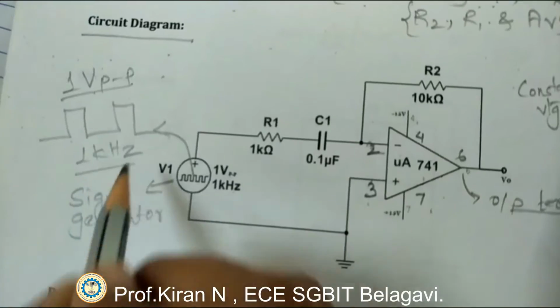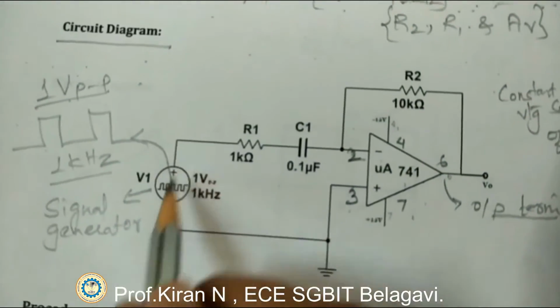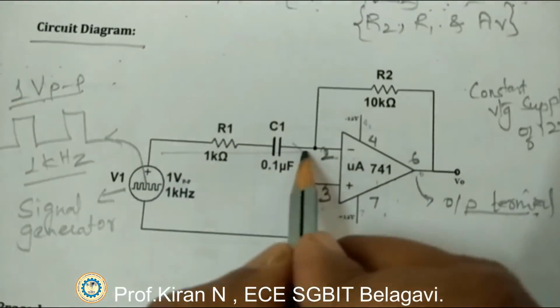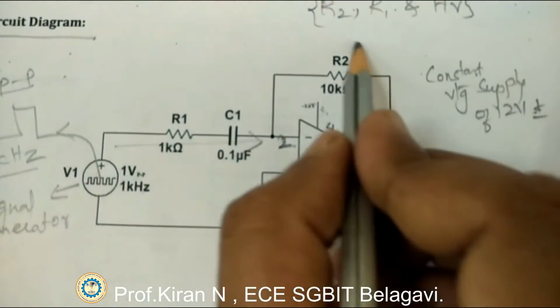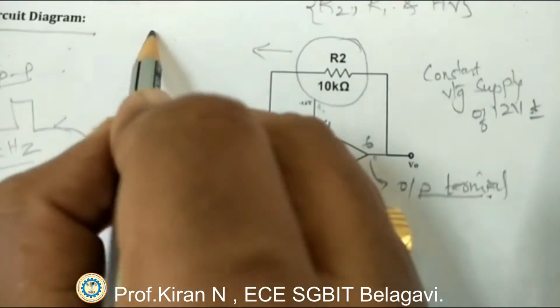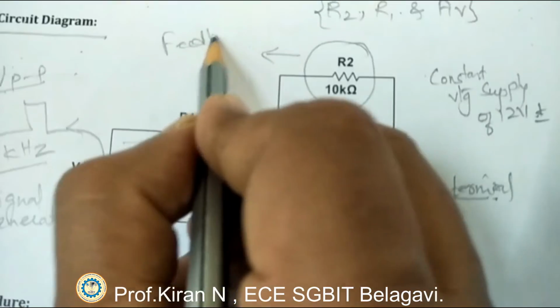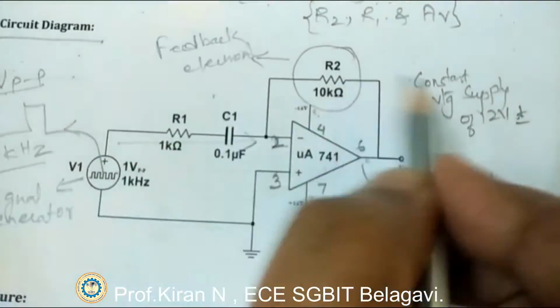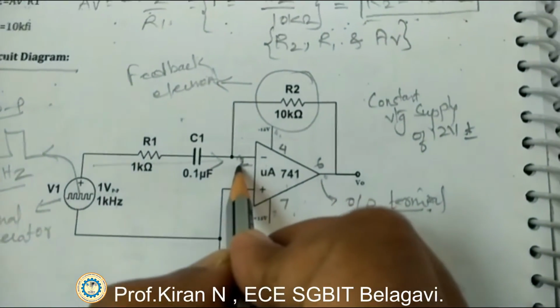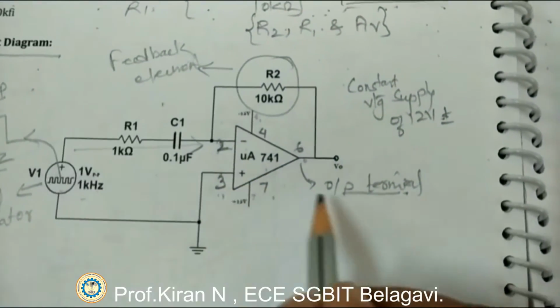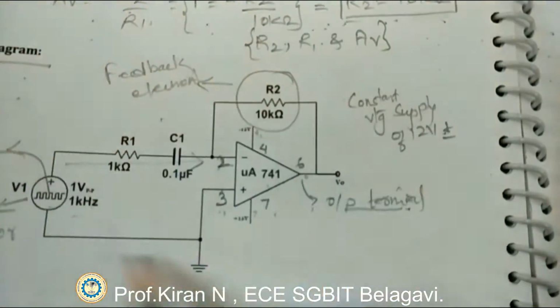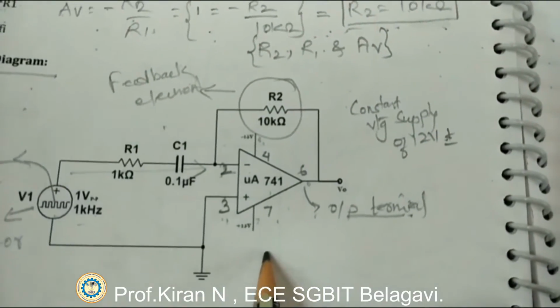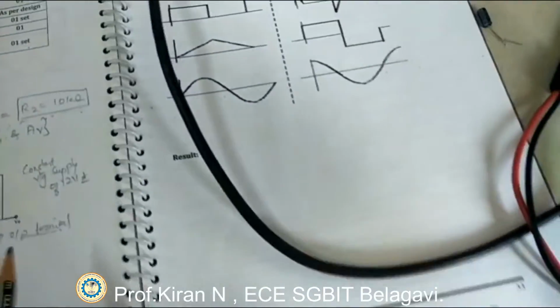This is the input we are giving to the inverting terminal, and R2 is the feedback resistor, or feedback element, where part of the output is fed back to the input to have synchronization between the input and output.